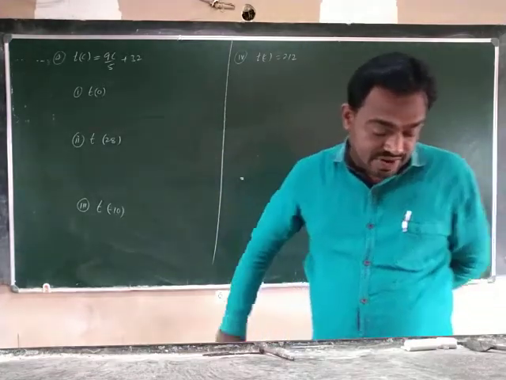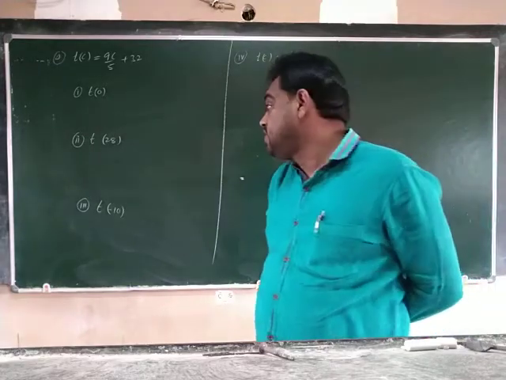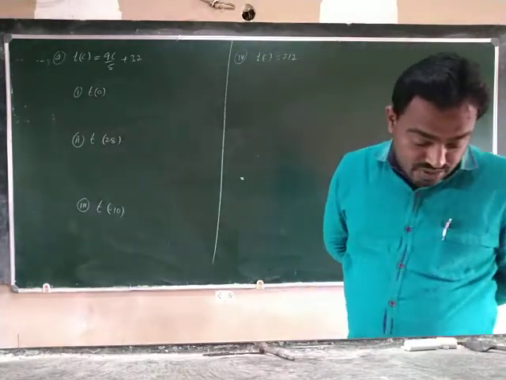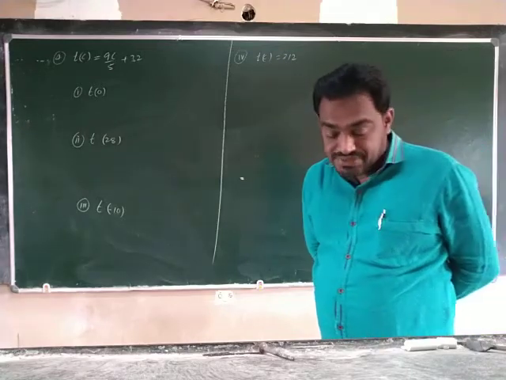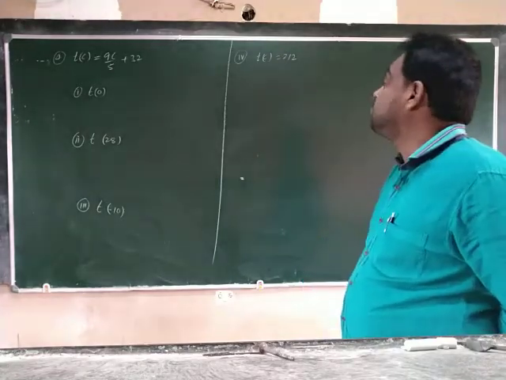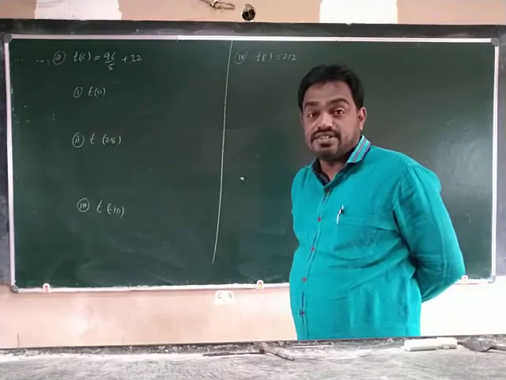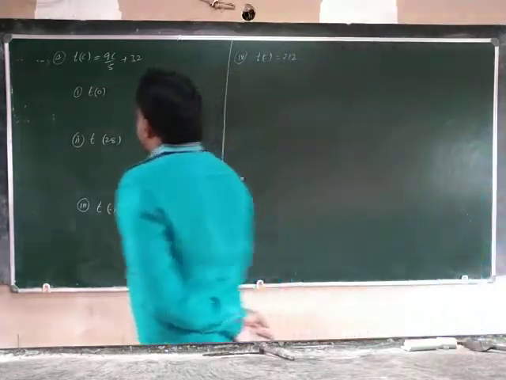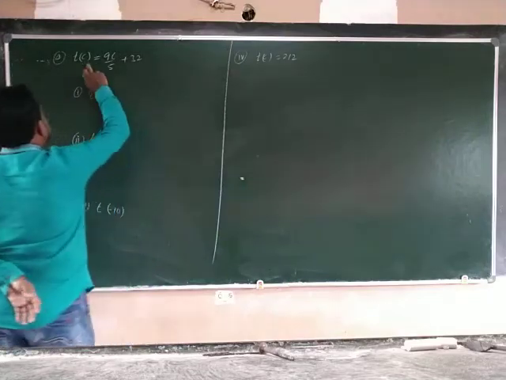Find first T of 0, second T of 28, third T of minus 10, and fourth the value of C when T of C is equal to 212. Simple one.